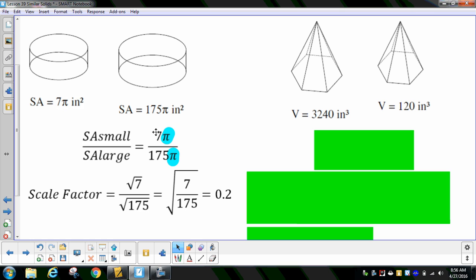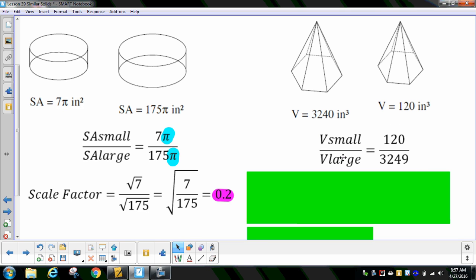If I take the square root of 7 over 175, I can get the scale factor, which in this case is 0.2. So again, if I write the fraction of the surface areas and take the square root of that fraction, I'll get the scale factor that relates the two similar cylinders.